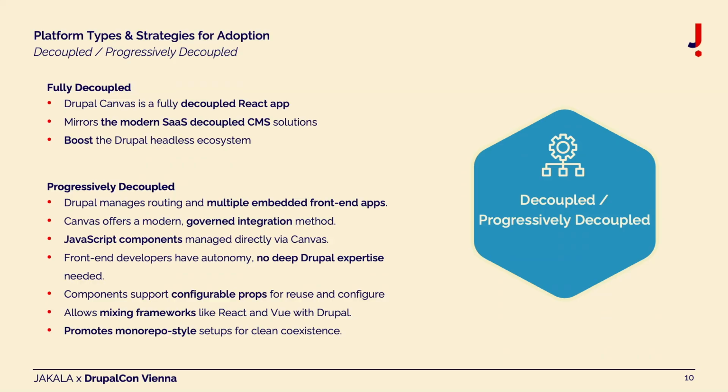We have a very clear track of all these embedded applications and where they are used, and we can even have a more structured way to configure them. Imagine if each of these applications is a JavaScript component. For all of them you can have properties, props, the so-called settings, and all of these can be configured. So they become much more scalable, not just a piece of hard-coded JavaScript somewhere on the page.